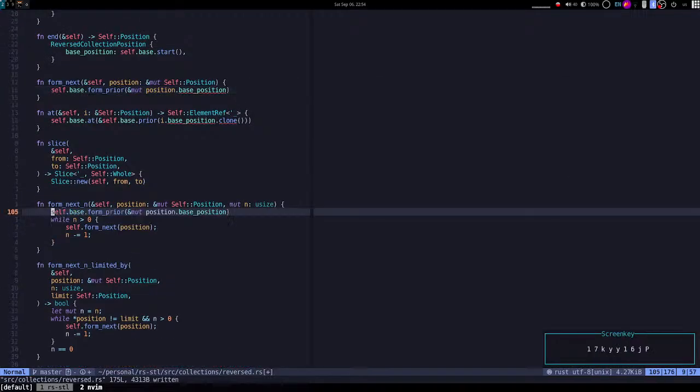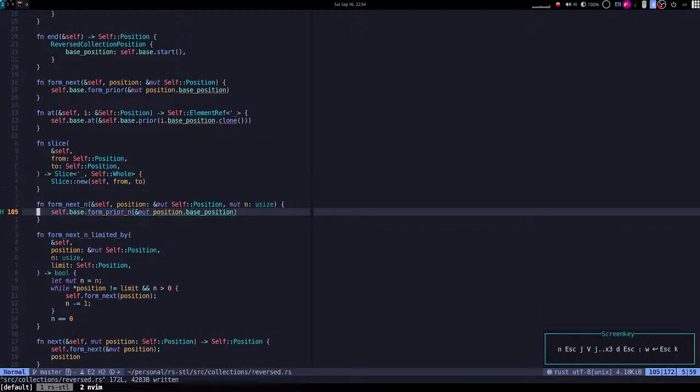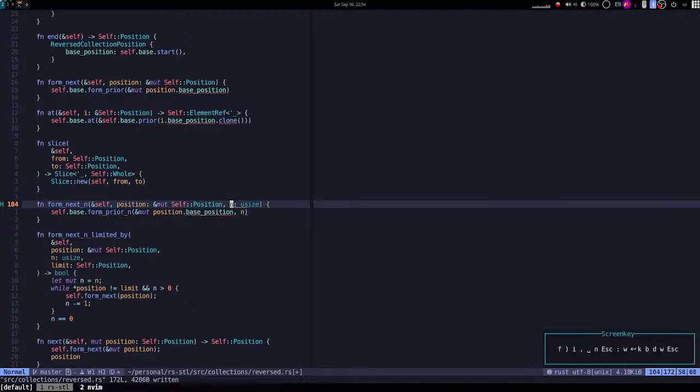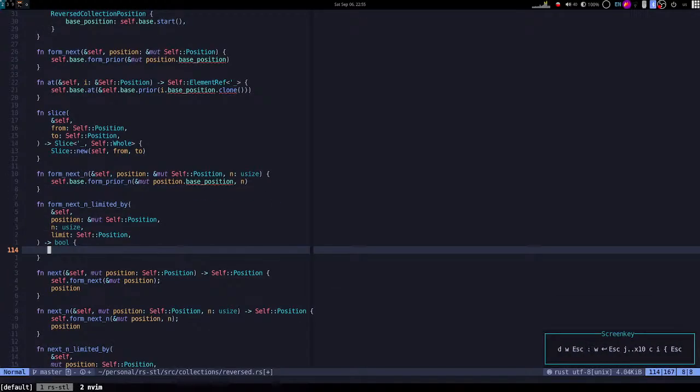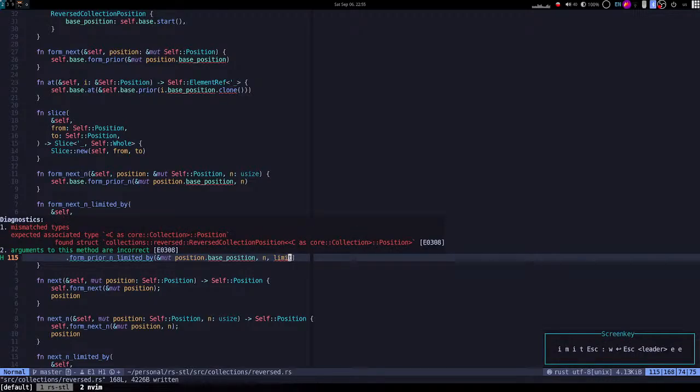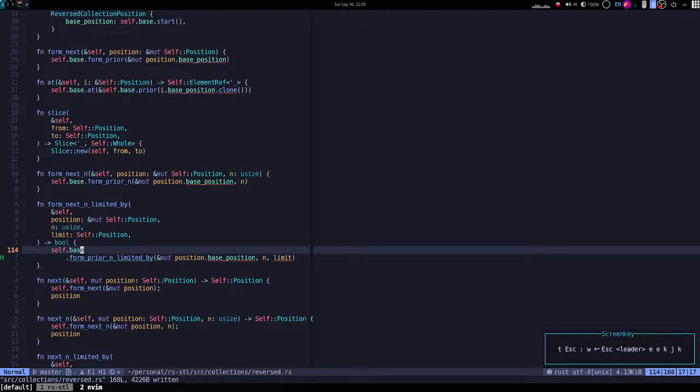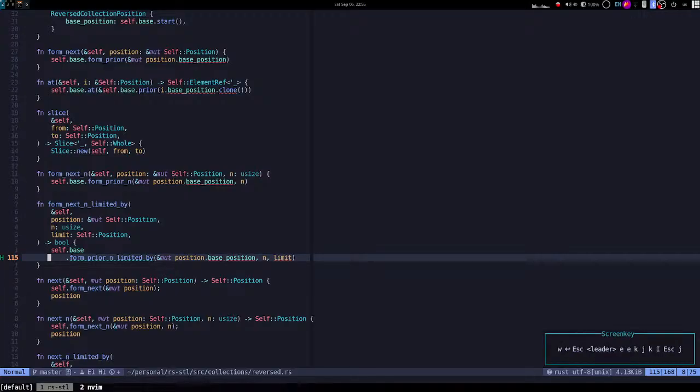I think implementing them is just calling form prior n, right? And call n, something like that. And yeah, it should be again form prior n limited by, and n and limit, right? Mismatched. Okay, form prior n.